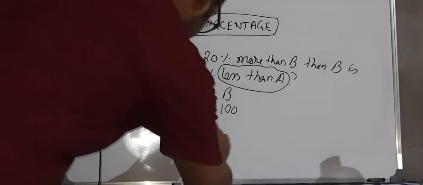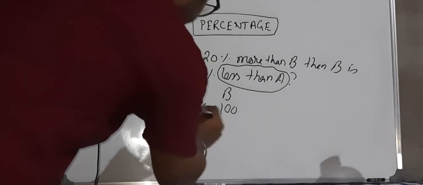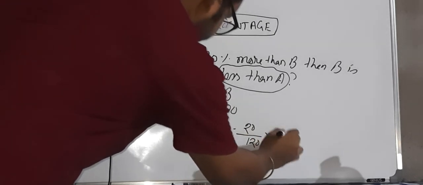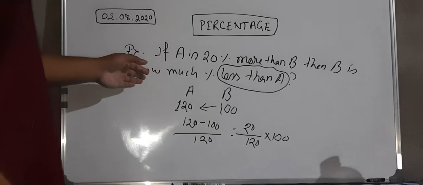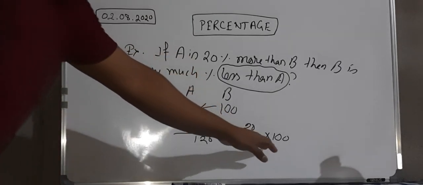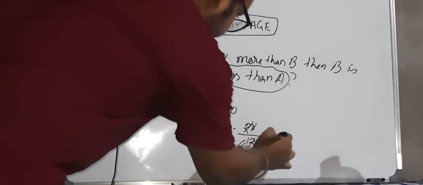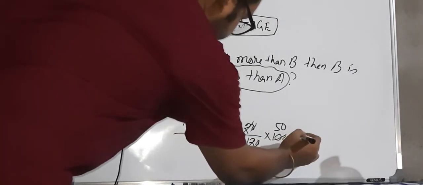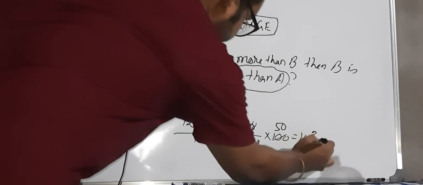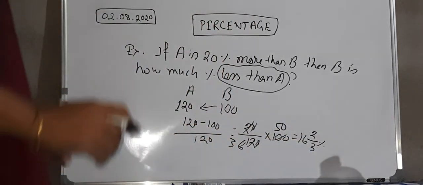So just write 120 here, value of A, and write the difference here like that. 120 minus 100, which is 20 by 120 into 100, as we have to convert our answer, which was previously in fraction, into percentage. So 50 by 3%, or 16 2 by 3%.